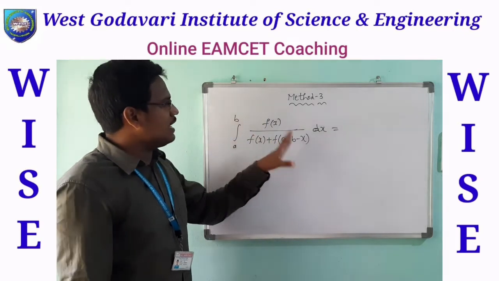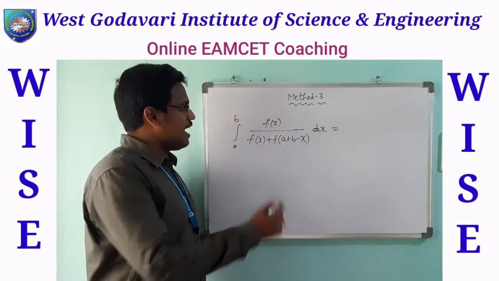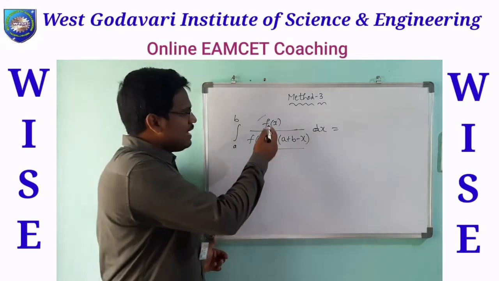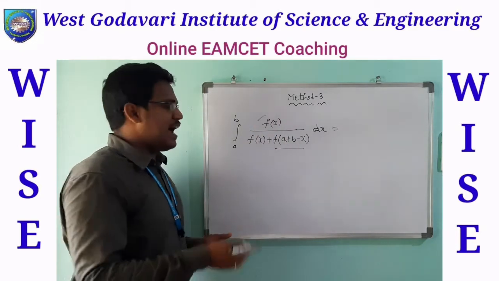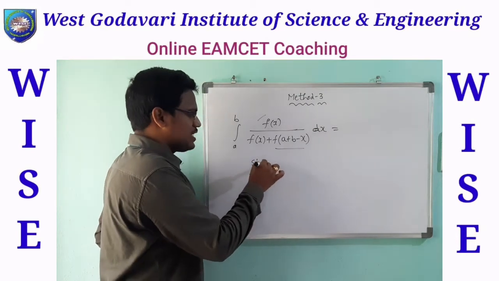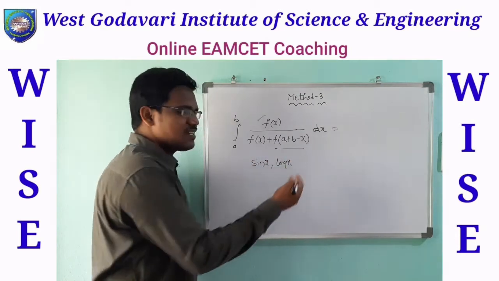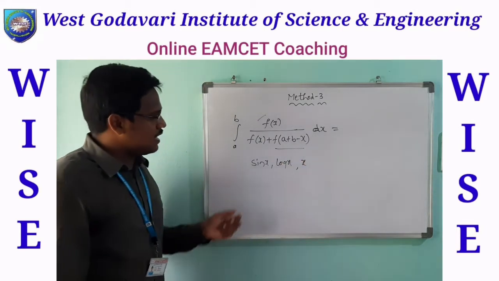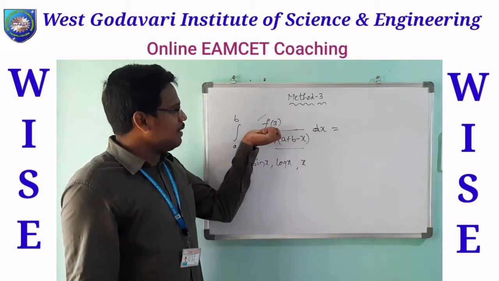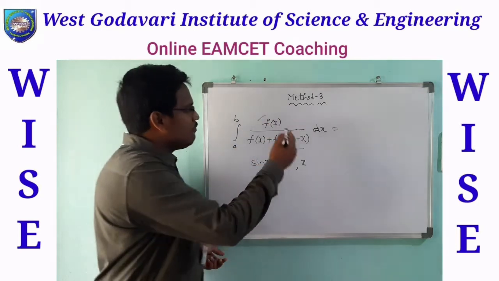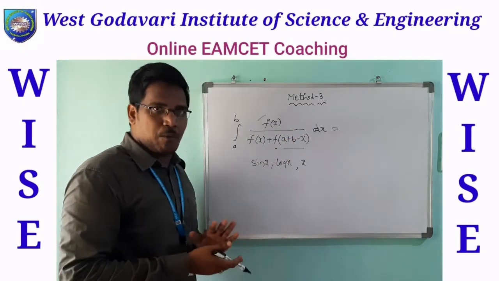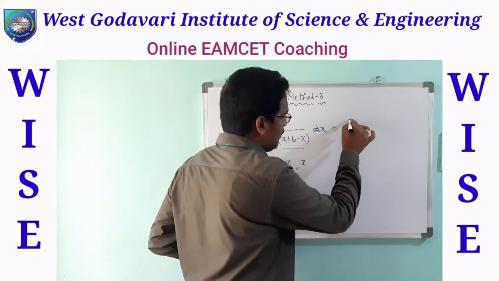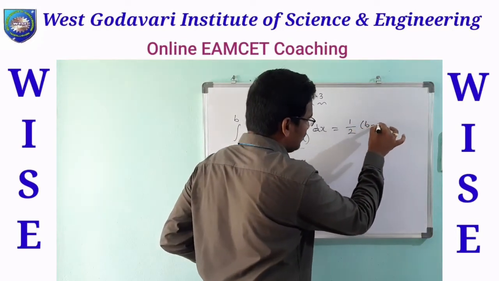In this format there are two functions, that is f(x) and f(a+b−x). Here f(x) is whatever the function, either a trigonometric function like sin x, or a logarithmic function like log x, or just x. Any function can be at the f(x) place. Whenever this format occurs in our problem, the result of this format is (b−a)/2.